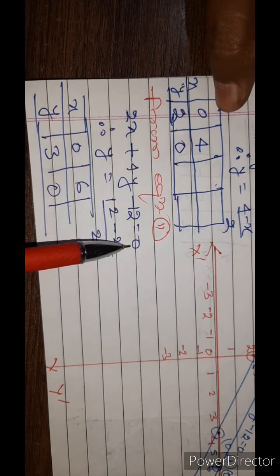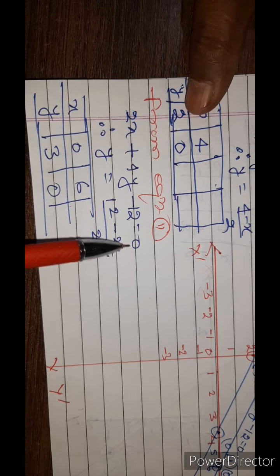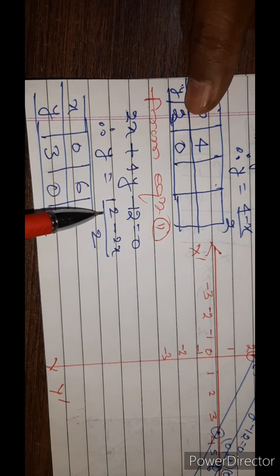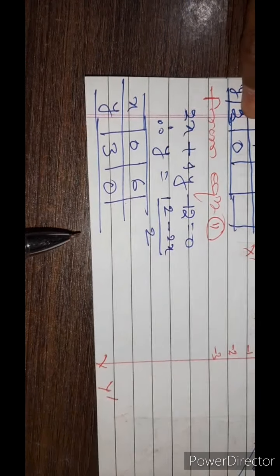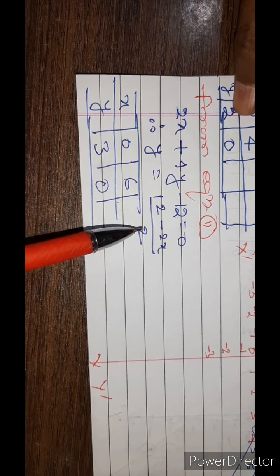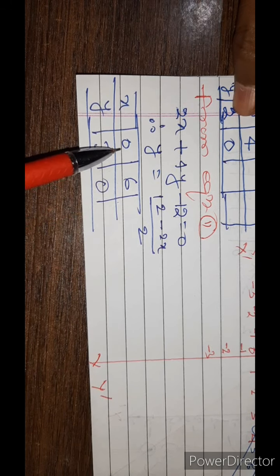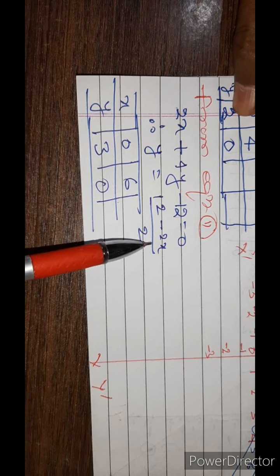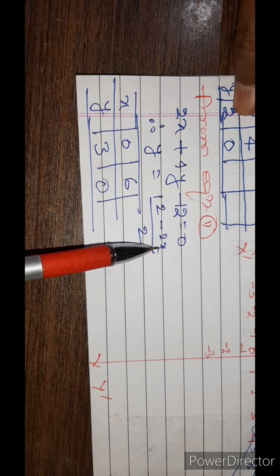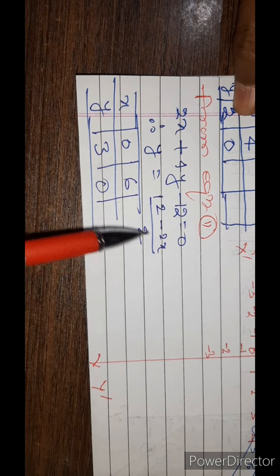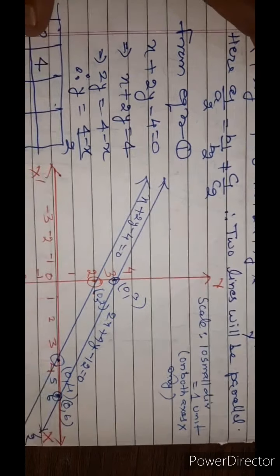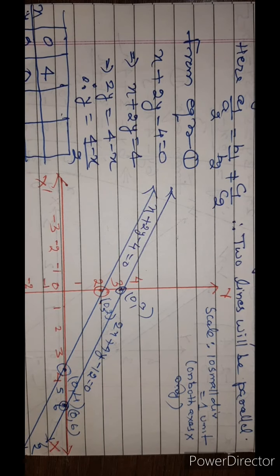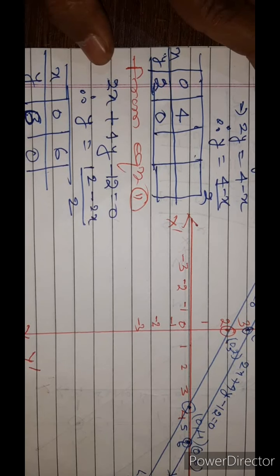From the second equation, 2x plus 4y minus 12 equal to 0. After simplification, y is (12 minus 2x) by 4. Now put the values in place of x. When you put x equal to 0, the result of y will be 3.